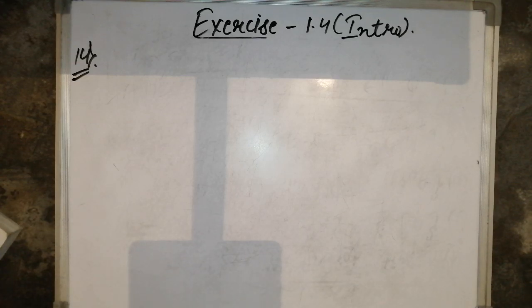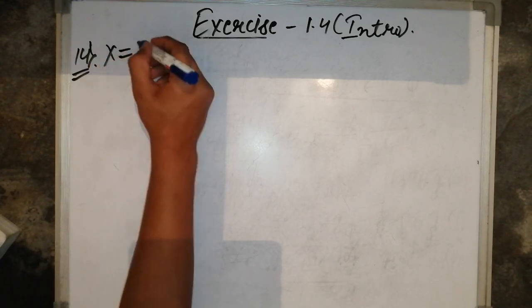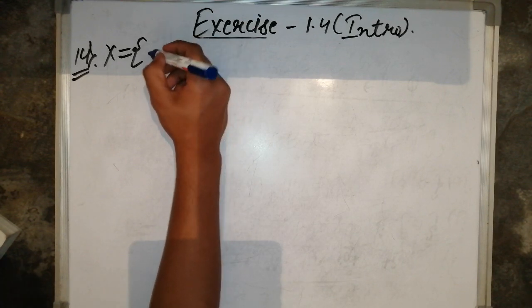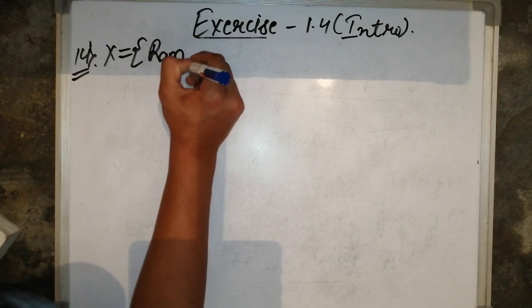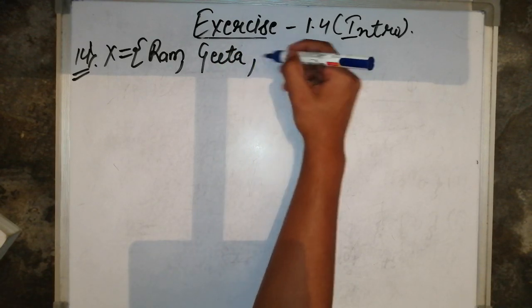Let Y is equal to Geeta, David, Ashok be the set of students from class 11th who are in school football team. Find X union Y and interpret the set. Okay. X is Ram, Geeta and Akbar.